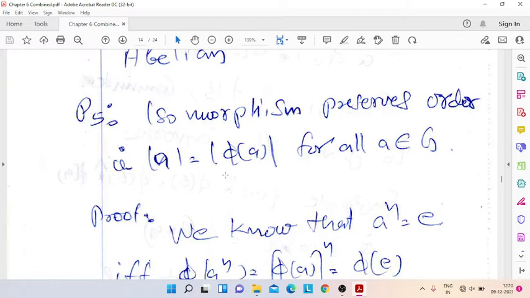What does it mean? If the order of the element A is n, then the order of phi A is also equal to n. So that means order of A equals order of phi A, for all A in G. This is true for all A in G.